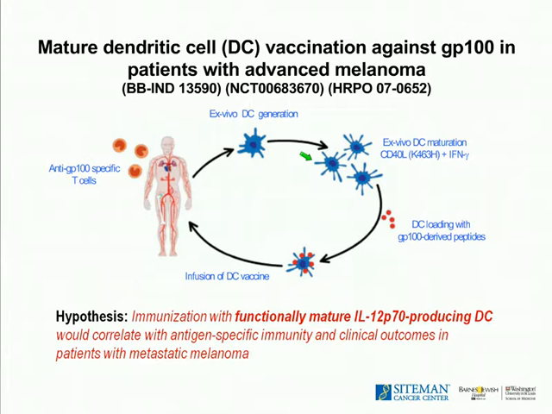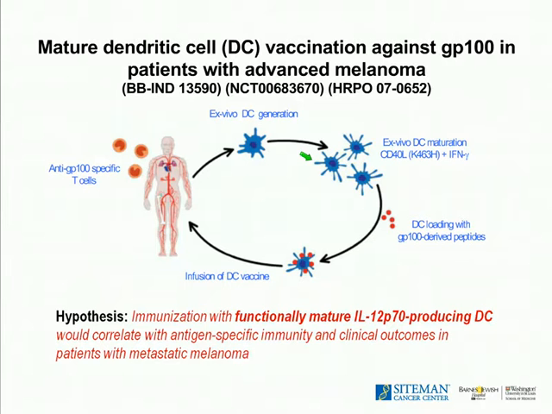So we proposed as a hypothesis for our study that immunization with functionally mature IL-12 producing dendritic cells will correlate with generating immunity to the tumor, to melanoma, and that this will improve the clinical outcome.